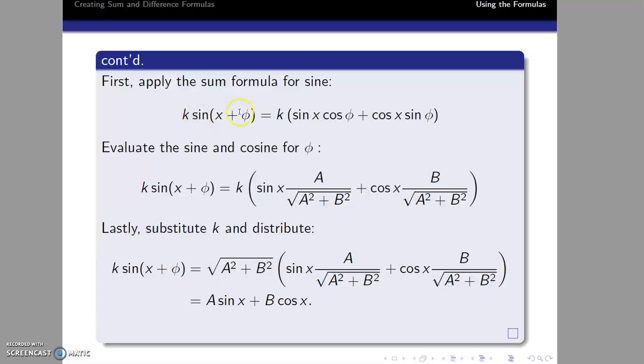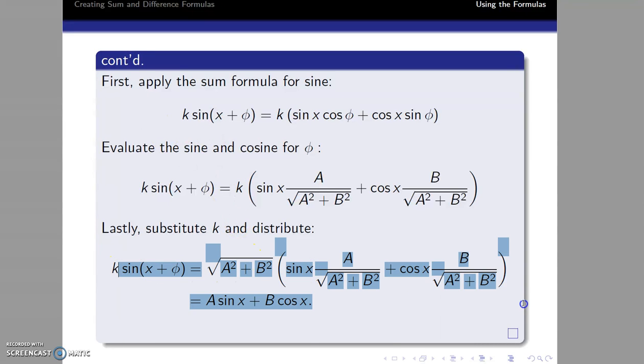So first of all, the sum formula for sine. That becomes sine, cosine, cosine, sine. Then I'm going to substitute sine phi and cosine phi, right? We had these substitutions. So cosine phi becomes a over root a squared plus b squared. Sine phi becomes b over root a squared plus b squared. And k becomes root a squared plus b squared.